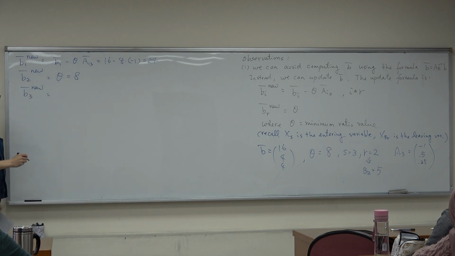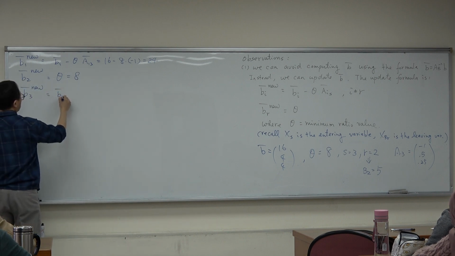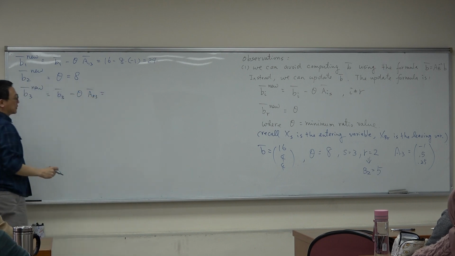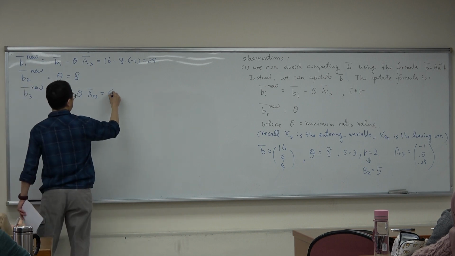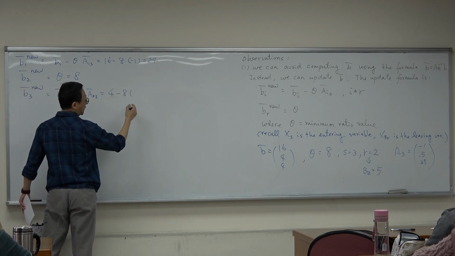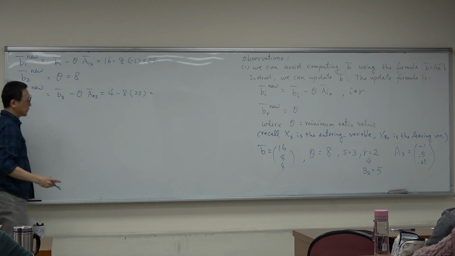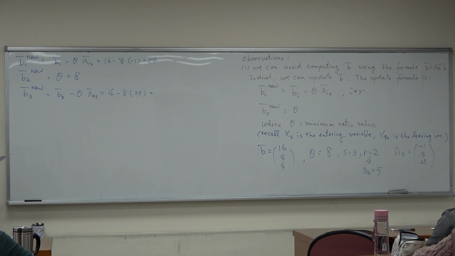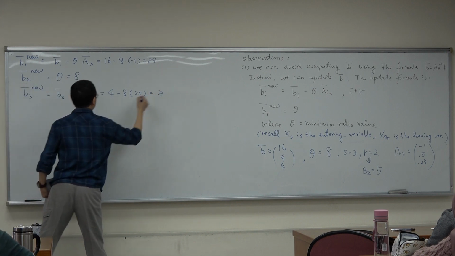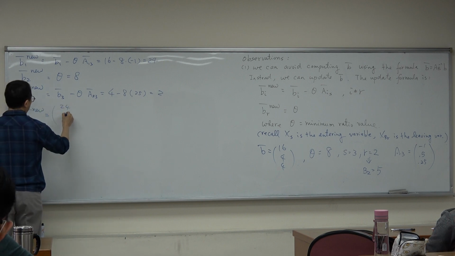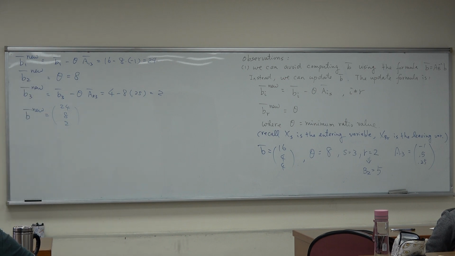So B3 bar new is B3 bar minus theta times A33 bar. So that is 4 minus 8 multiplied by 0.25. That is 2. So the new B bar is 24, 8, 2. Right? That's the next iteration's right-hand side.